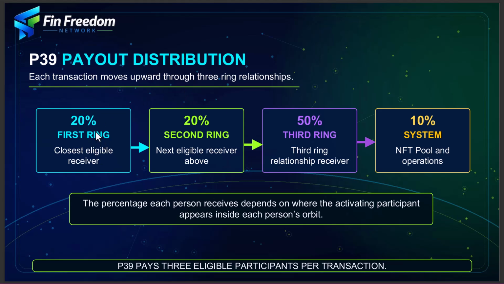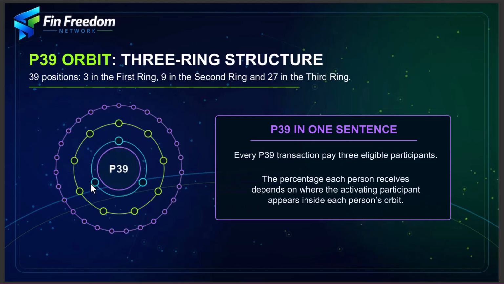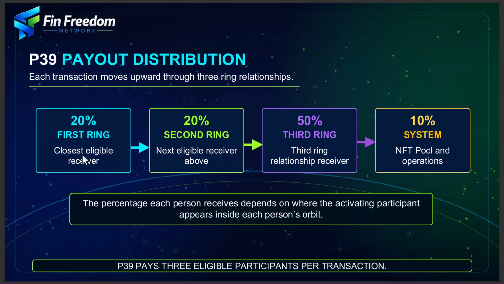On the first ring, anything that happens within these first 3 positions, 20% payout. The person whose orbit received that positioning on that ring will receive 20% payout. On the second ring, 20% payout. On the third ring, 50% payout.